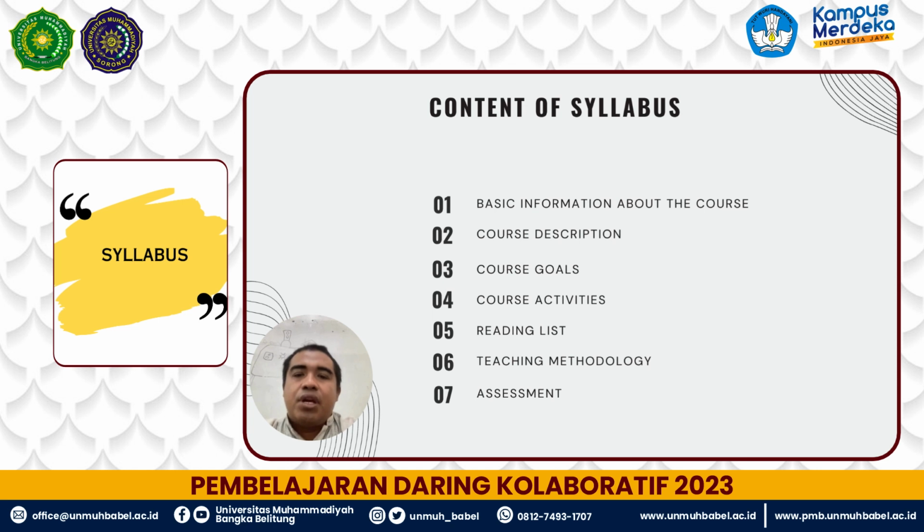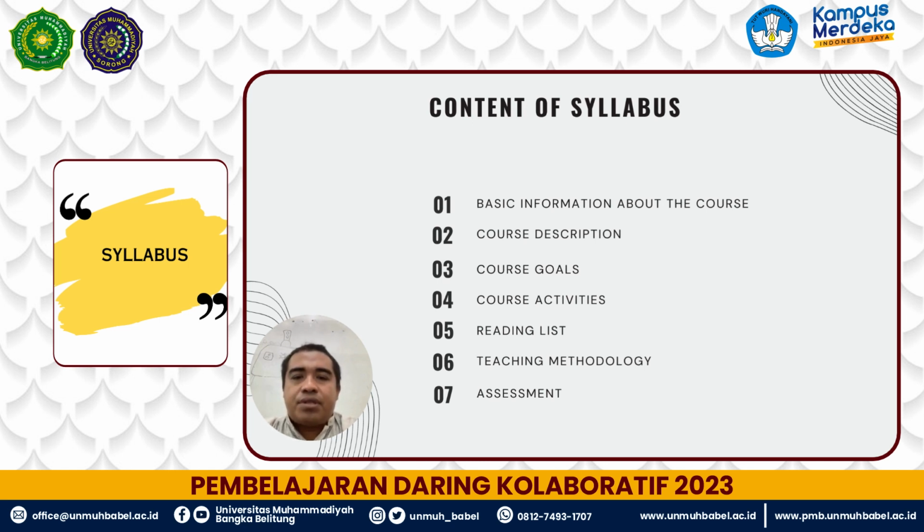And number three, course goals. Of course, when we try to design a lesson plan, we should have a document or syllabus that guides the teachers to design lesson plans. It is called course goals, or we call it the aims of the teaching.